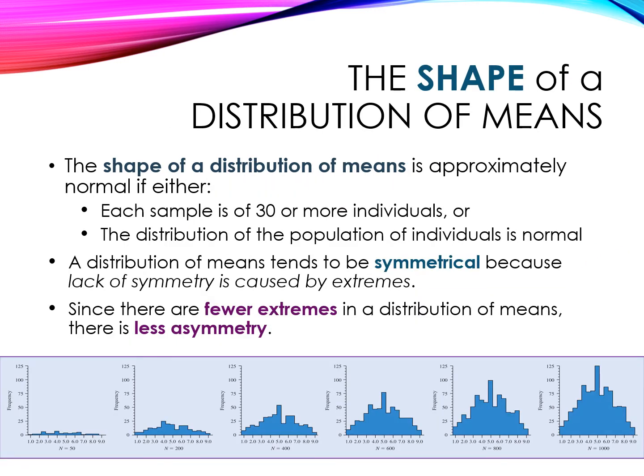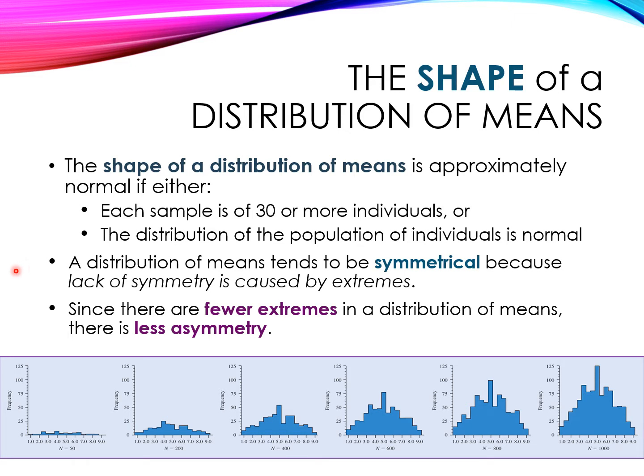Now, the next thing we need to know about our distribution of means is the shape of the distribution. The shape of a distribution of means is approximately normal if one of two things happens: if each sample is of 30 or more individuals, or if the distribution of the population of individuals is normal, okay? A distribution of means tends to be symmetrical because lack of symmetry is caused by extremes.